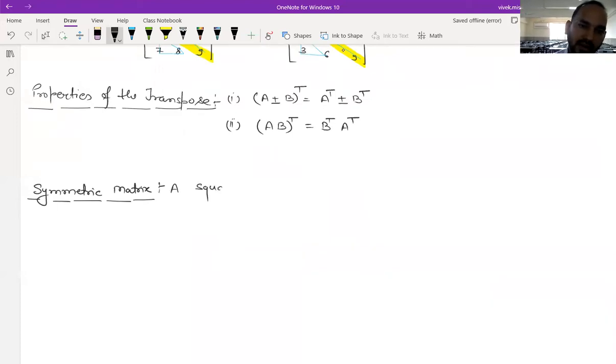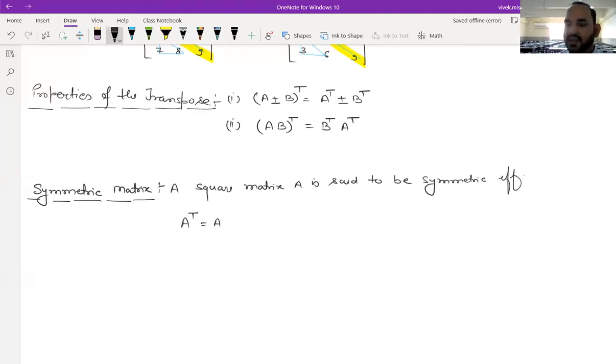A square matrix A is said to be symmetric if and only if A transpose is equal to A. मतलब मैट्रिक्स का ट्रांसपोज लेने पे अगर मैट्रिक्स में कोई फर्क ना पड़े, it remains same, then that kind of matrix is called symmetric matrix.